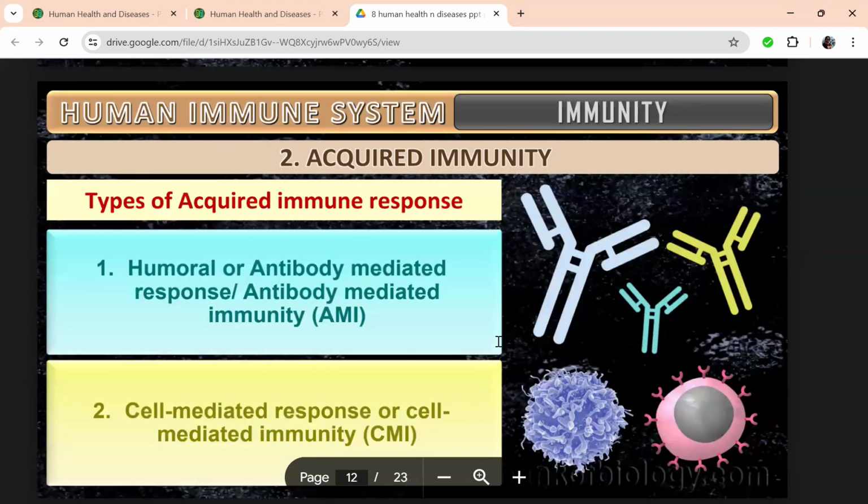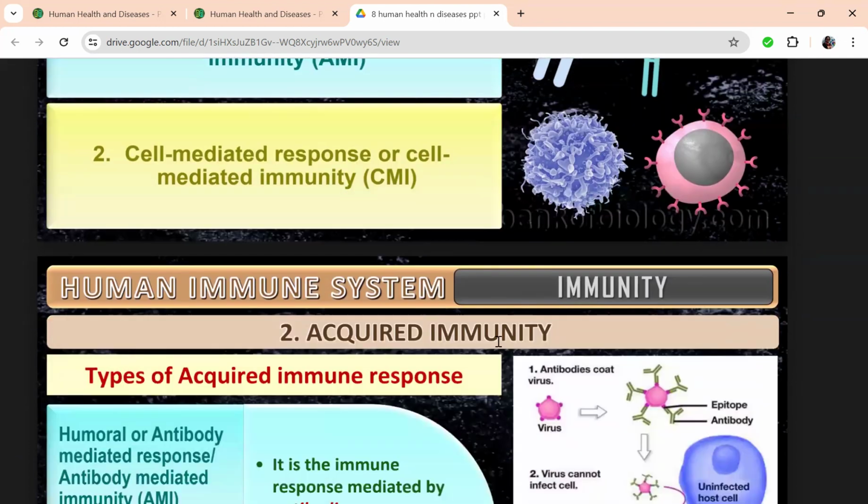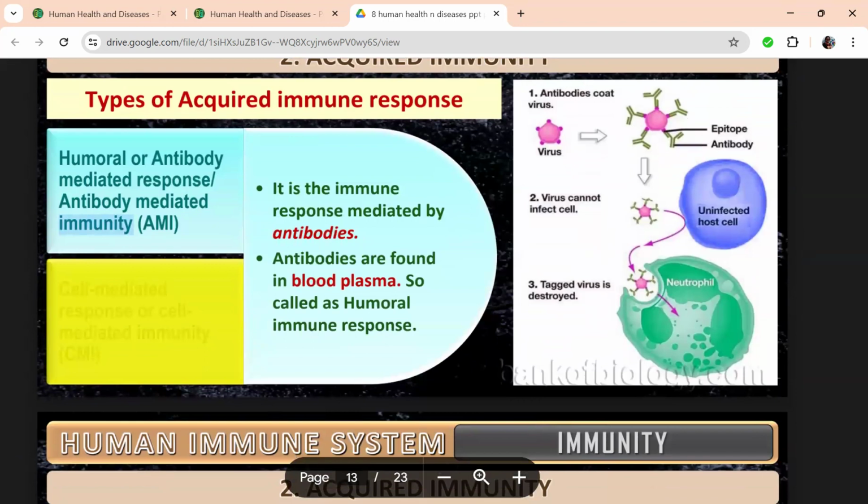All right. Now, there are 2 types of acquired immune response. One is humoral, or antibody mediated immunity, AMI, and the other is cell mediated immunity. If I talk about humoral or antibody mediated immunity, there is a virus coated with antibodies.